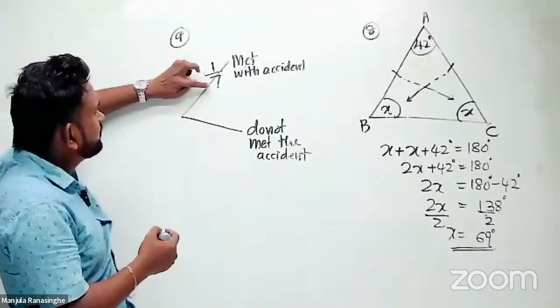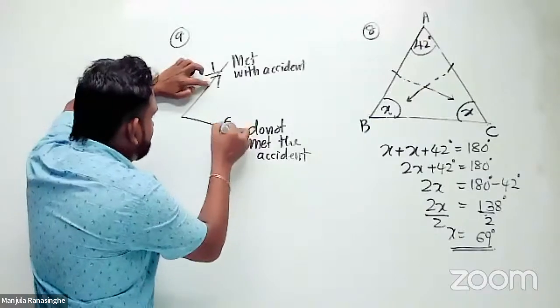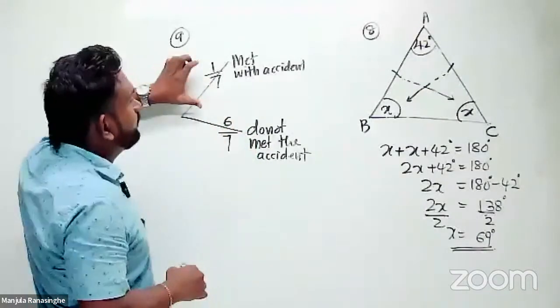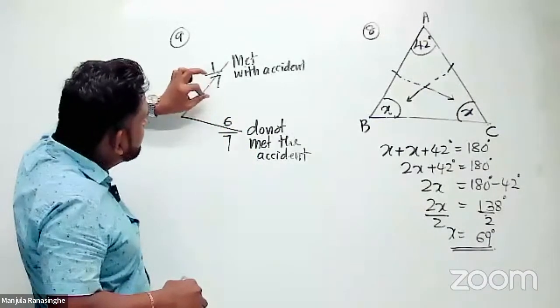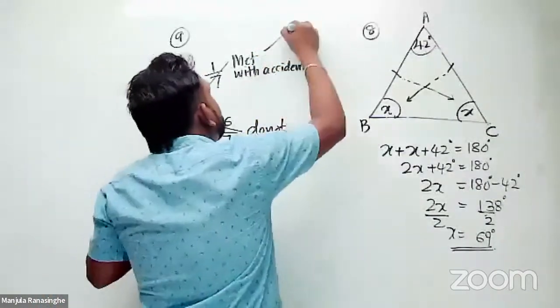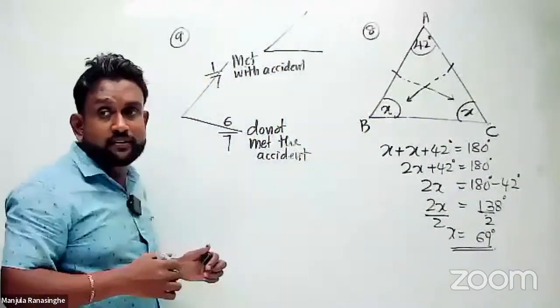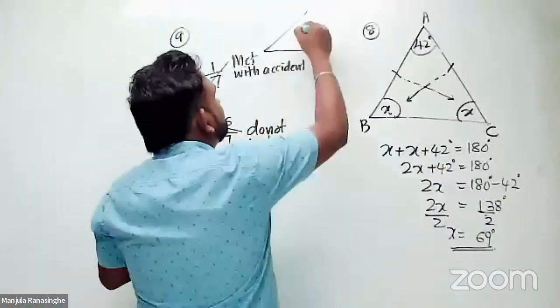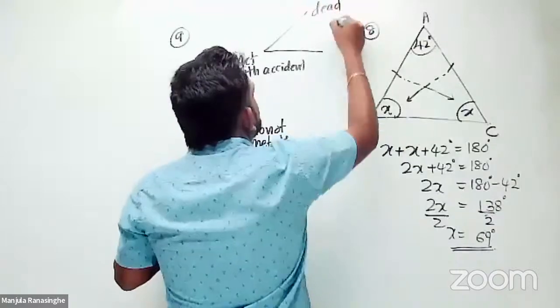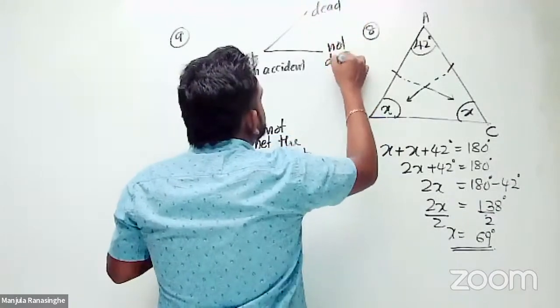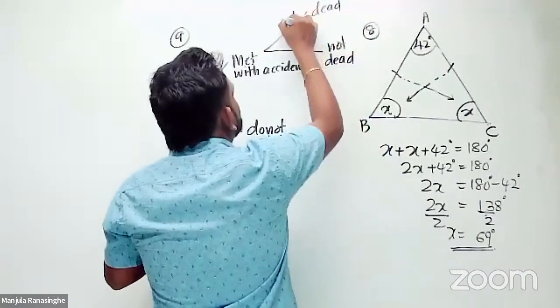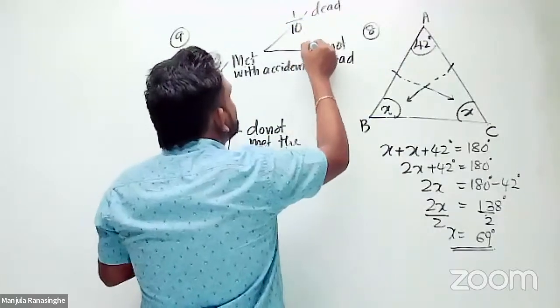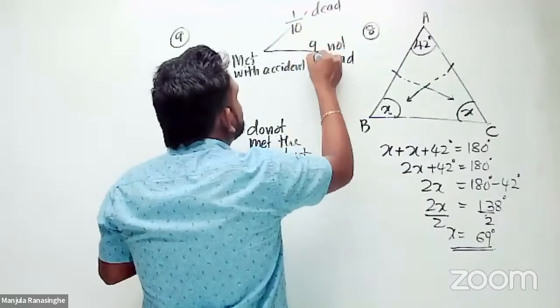What is the balance? 1 minus 1/7, then 6/7. So all the time the branch sum is 1. Then once they met with an accident, the probability of dead is 1/10, dead and not dead. Dead is 1/10, then not dead means the balance, 9/10.